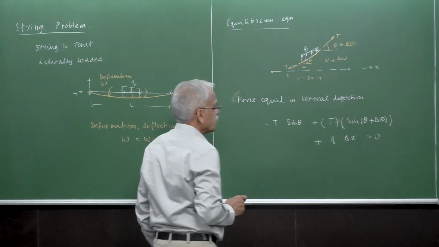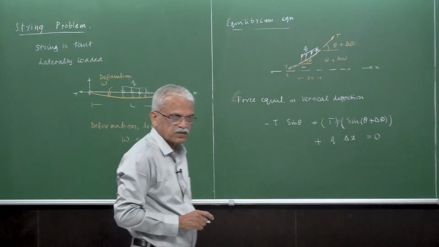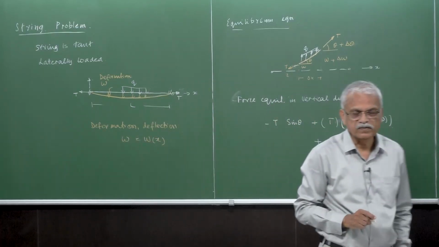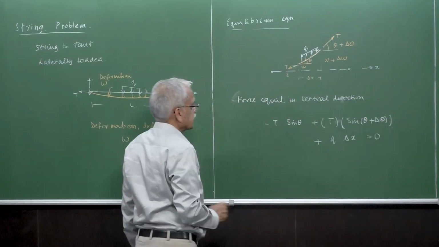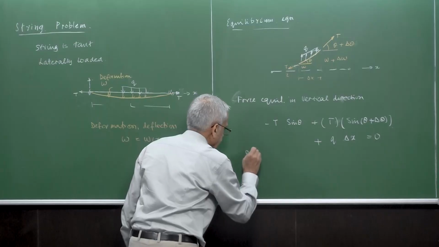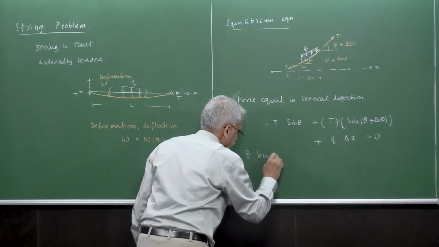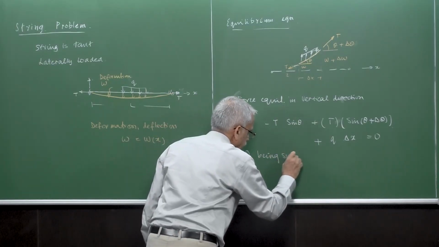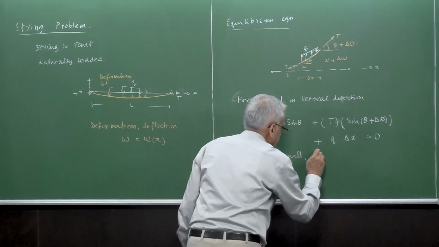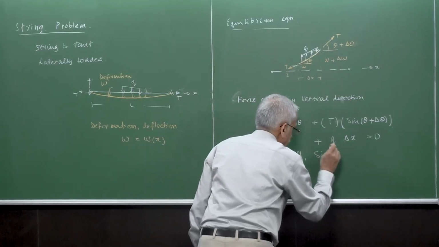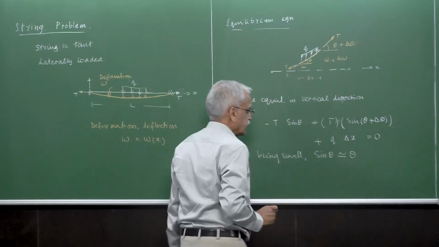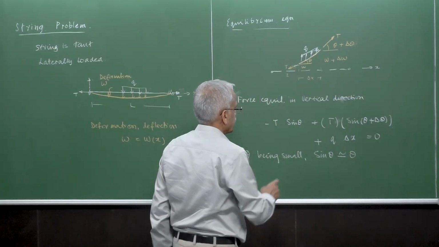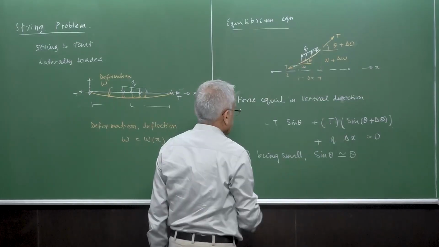What we'll also do at this moment, instead of prolonging the steps here, this theta being very small, sine theta is approximately equal to theta, and the same thing is true for that.